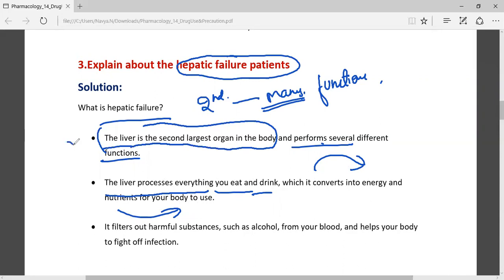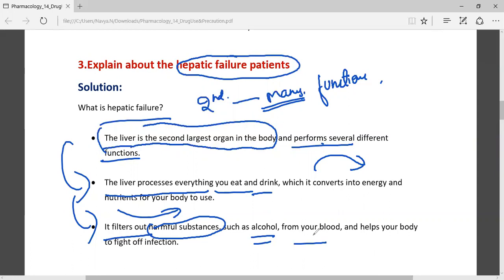Another feature is that it filters harmful substances, such as alcohol, out of the blood, taking out the unwanted substances, and it helps the body fight infections. That is why we say the liver, the second largest organ in the body, performs several different functions.